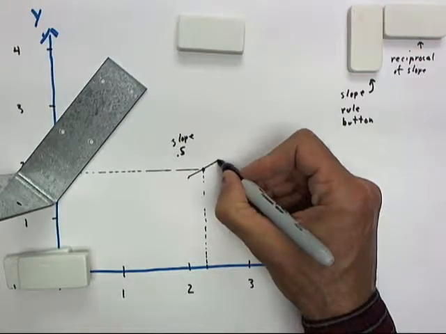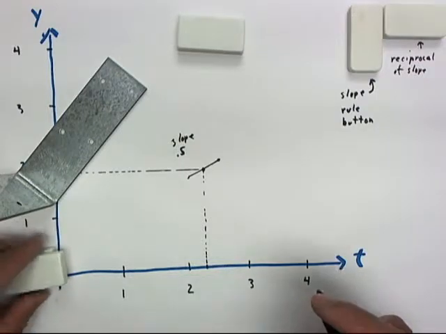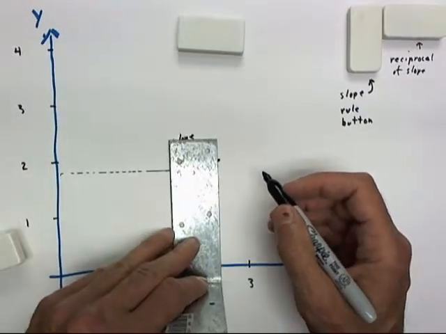Okay, we can come out to the end of this line segment, and we can again sketch our projection lines.